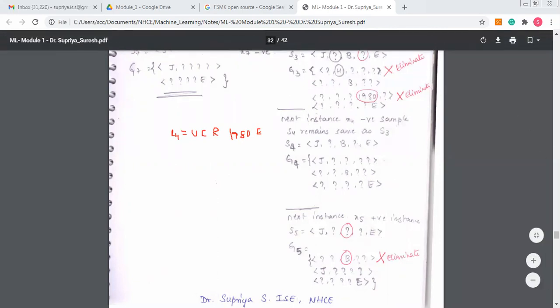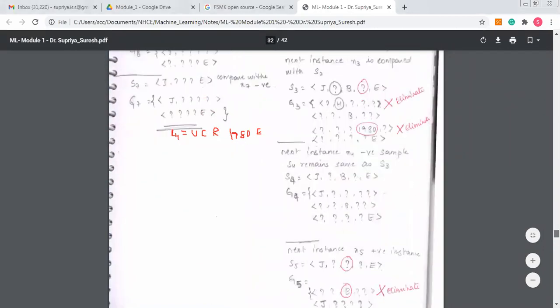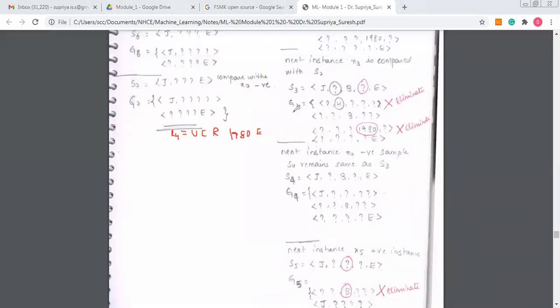So let me scroll a little up. It's going to be compared with S3. Since it is a negative instance, I'm going to work with the G. S remains the same, so S4 remains the same as S3, but I'm going to compare it with G4.